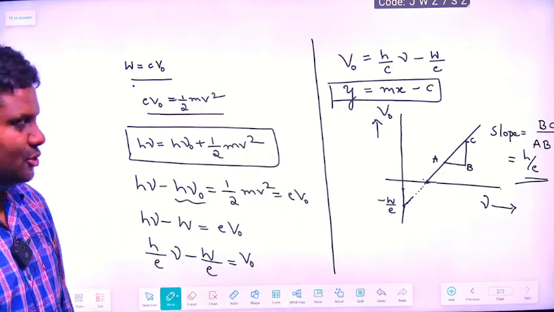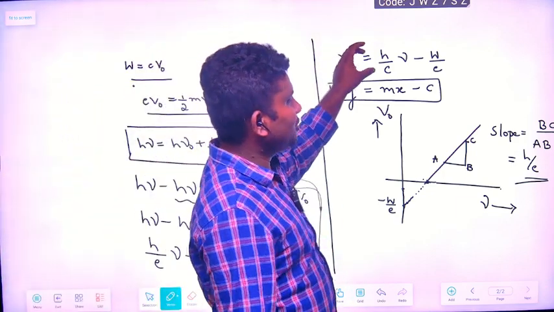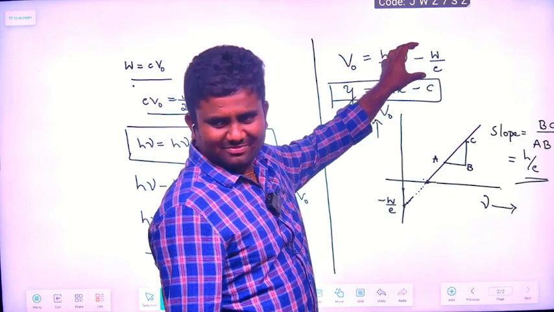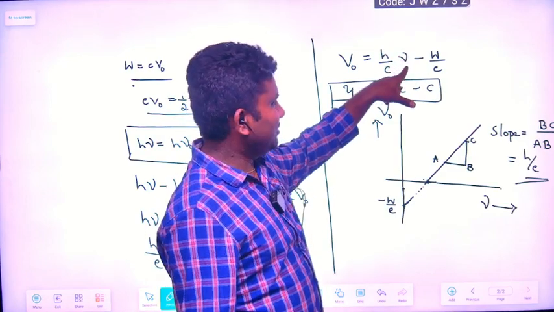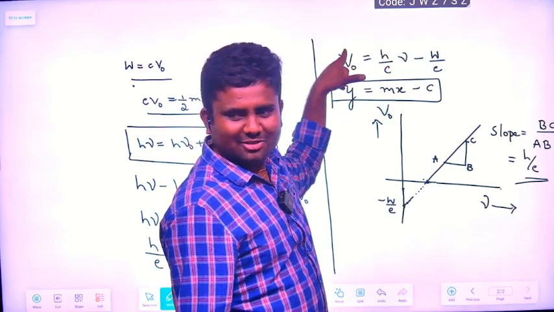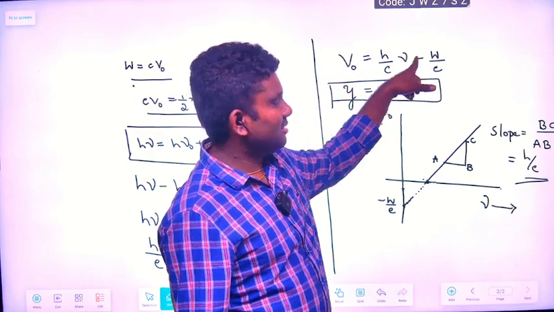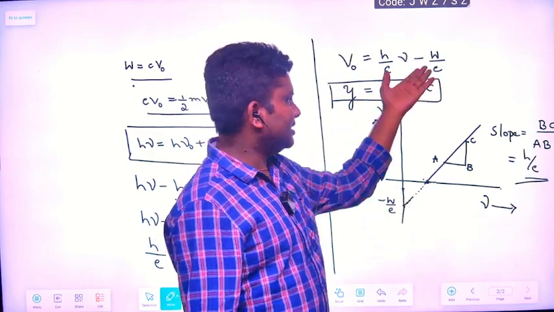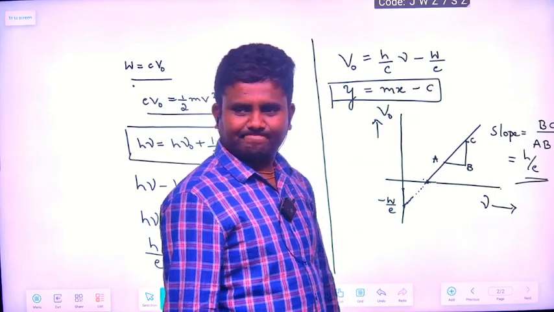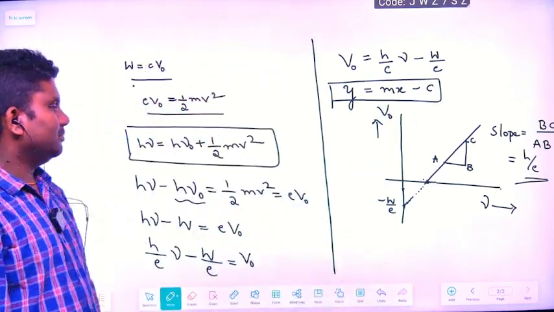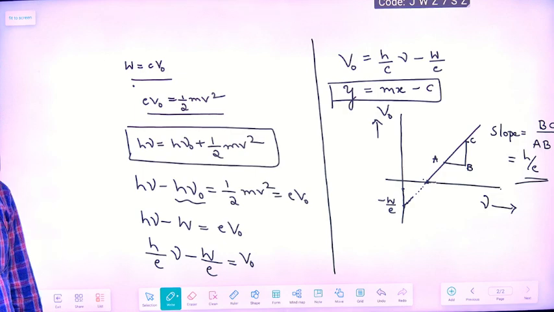Understood? So how stopping potential depends on the frequency, you see. As the frequency increases, stopping potential also increases. The intercept is minus W by e. Understood this one?